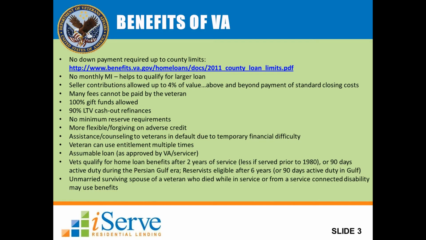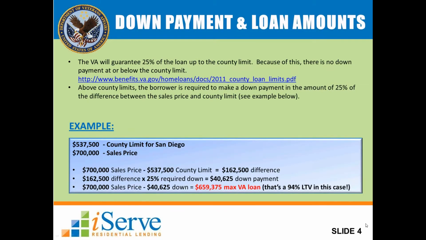Also, unmarried surviving spouses are eligible for VA financing if their spouse died in service or from a service-related disability. And again, everybody will get a copy of this presentation as well.